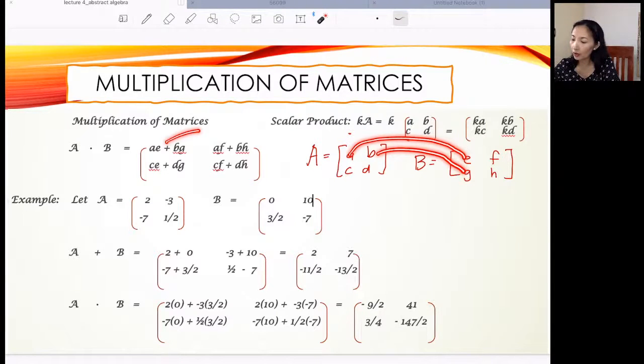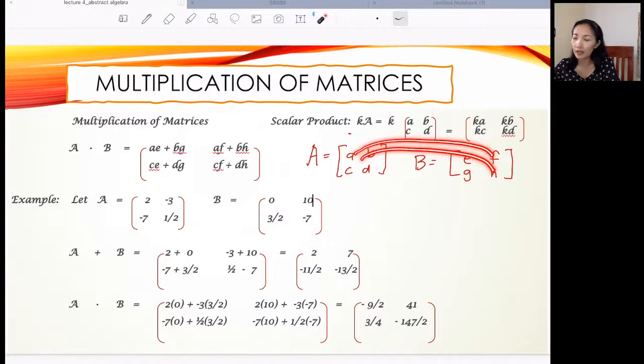AE plus BG. Next, first row multiplied to the second column will be AF plus BH. Okay, row by column.